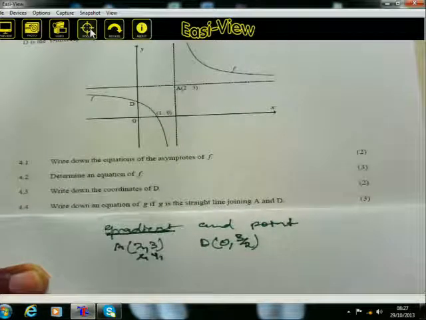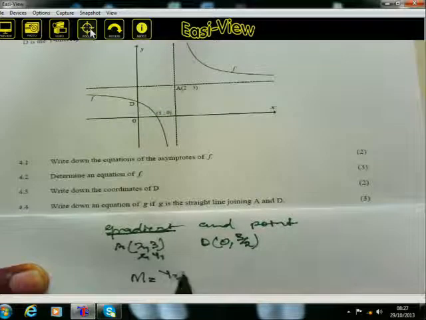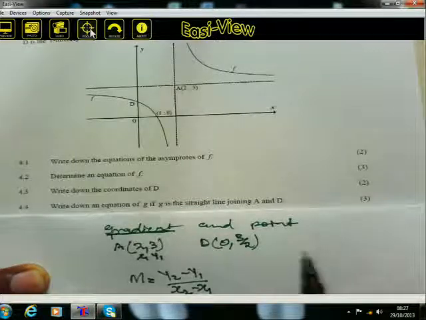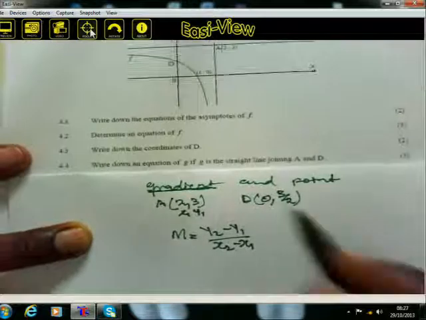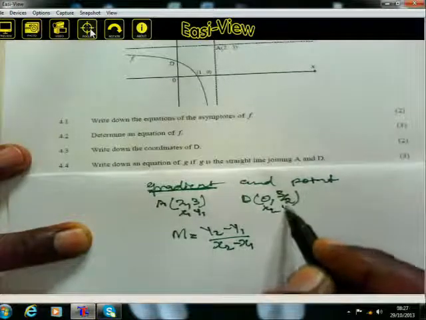How do we get a gradient? Of course, we use the formula for the gradient, which is y2 minus y1 over x2 minus x1. Meaning, in these two points, the one must be x1, y1. The other one must be x2, y2.